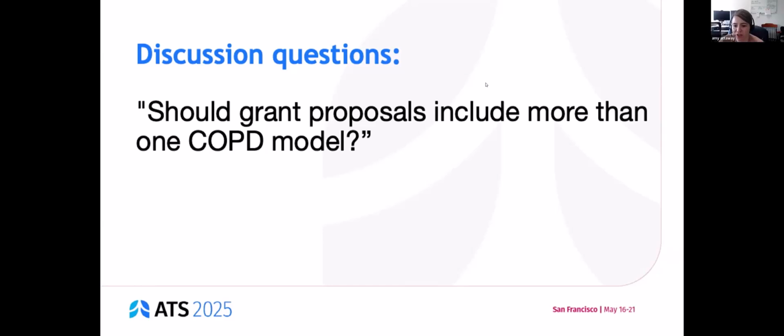I wasn't sure if they were distinguishing just airflow obstruction, or if they meant you do have some toxic exposure like air pollution. People always say, why do not all smokers develop COPD?